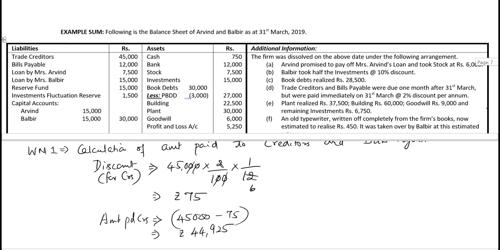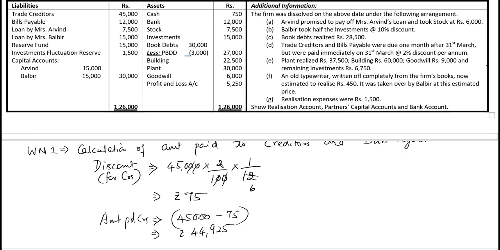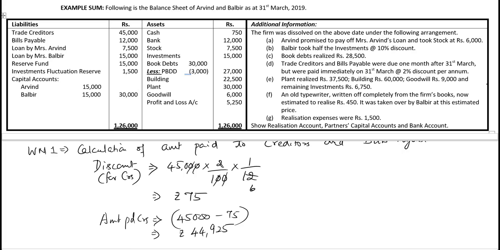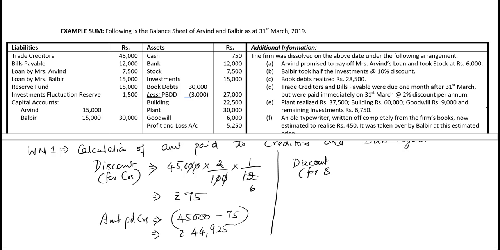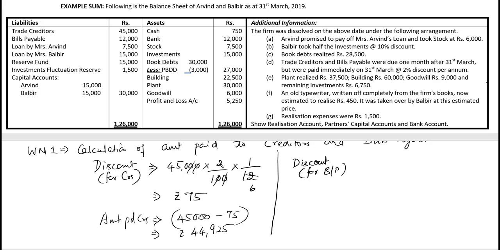The amount of the bills payable is 12,000 rupees. Discount for bills payable: ₹12,000 book value of bills payable at 2% per annum for 1 month.